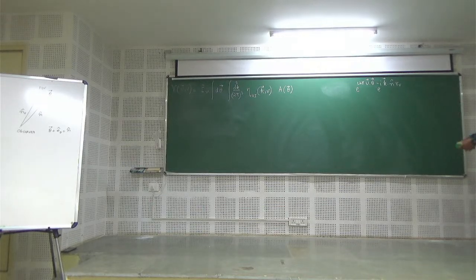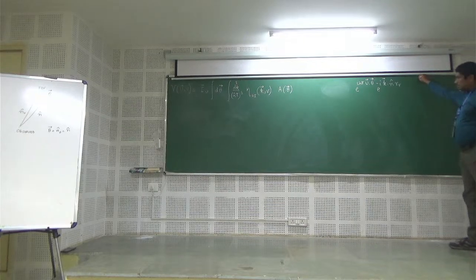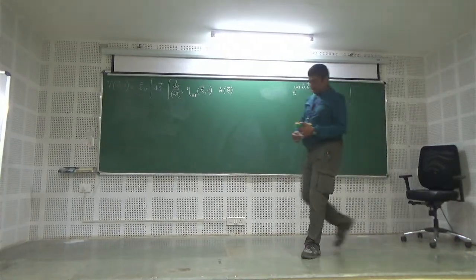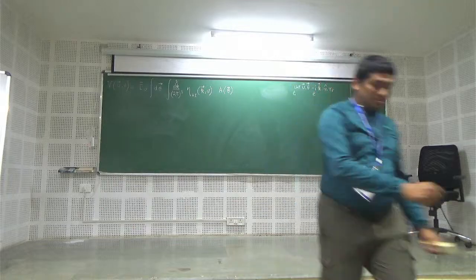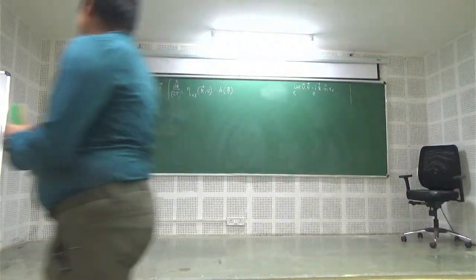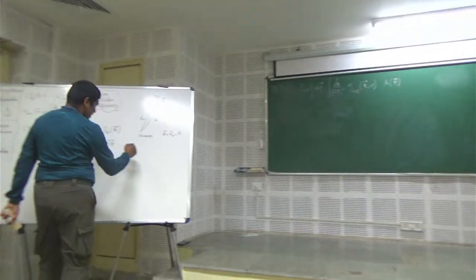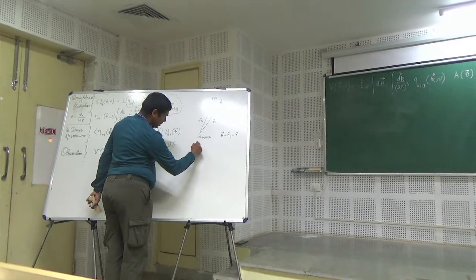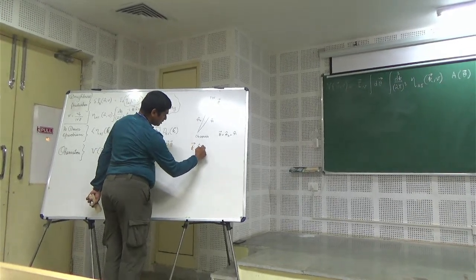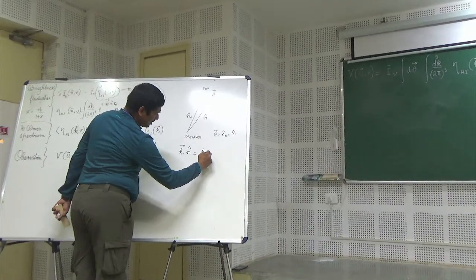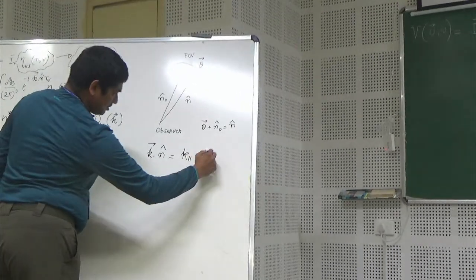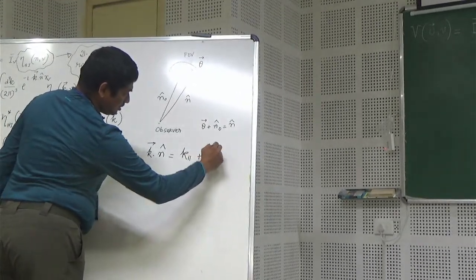Okay. So now this we worked out last time, so let me keep it there itself in the whiteboard. This thing, k dot n cap, I can write as k parallel plus k perpendicular dot theta.